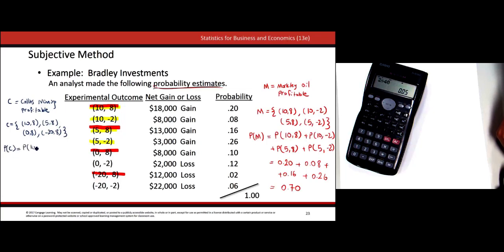We sum the probabilities of the sample points in this event. So the probability of 10, 8, plus the probability of 5, 8, plus 0, 8, plus negative 20, 8. The probability of this outcome is 0.2; 5, 8 is 0.16; 0, 8 is 0.1; and negative 20, 8 is 0.02.